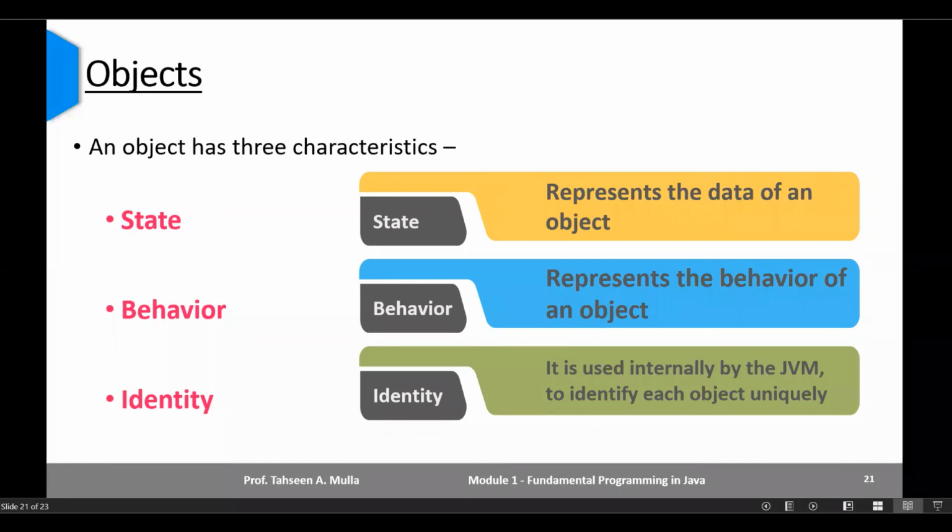There will not be a static, fixed constant value that so and so amount will be deducted and deposited. So that will be a runtime entity. Thirdly, you can say that an object is an entity which has both state and behavior, and it can be treated as an instance of a class, right? So these are the different terminologies for defining what an object is in Java.